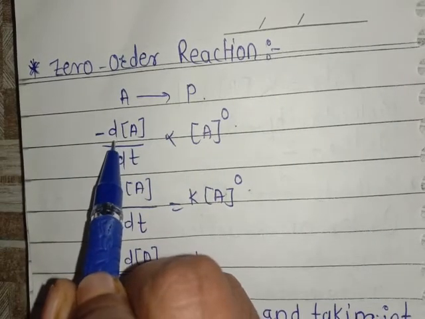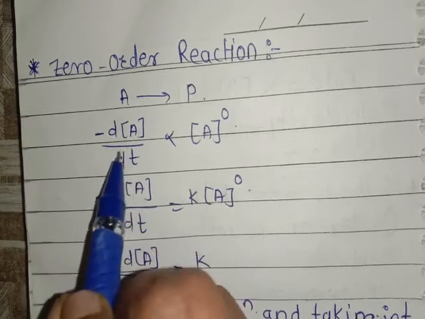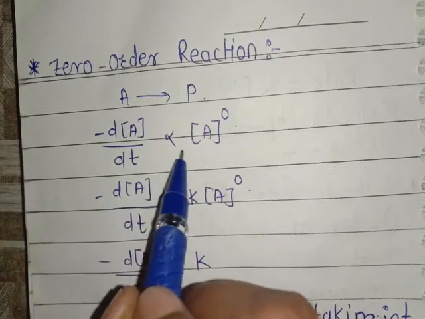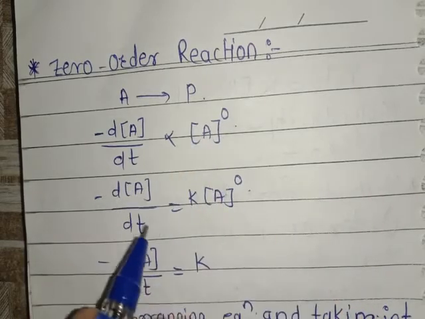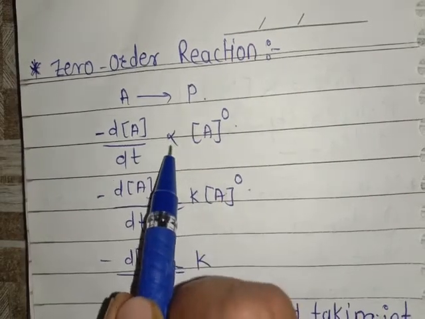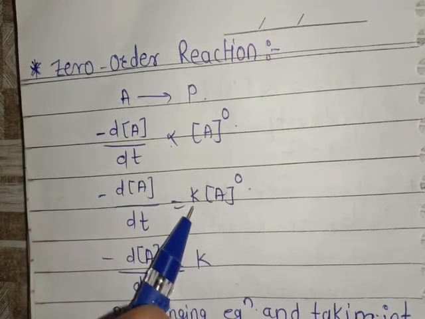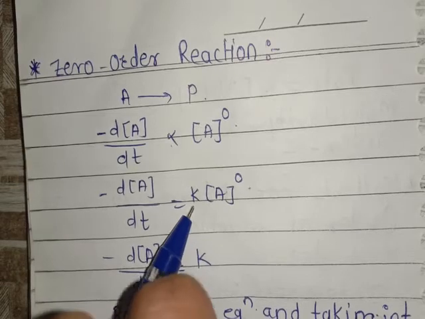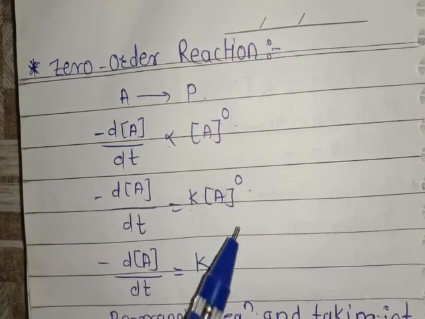For this reaction, write the rate as minus dA upon dt is directly proportional to A raised to 0. In the next step, we remove the proportionality sign and introduce a constant K. Here the concentration of A raised to 0 becomes 1.